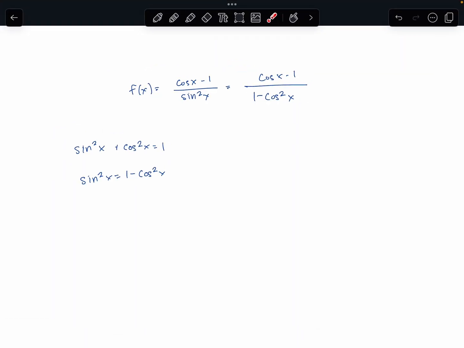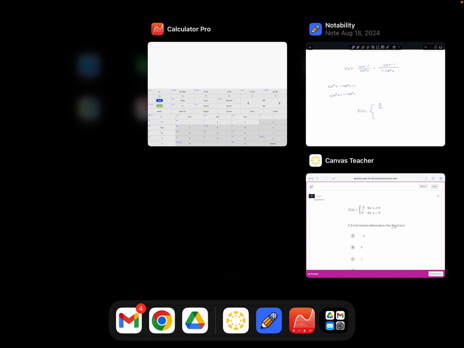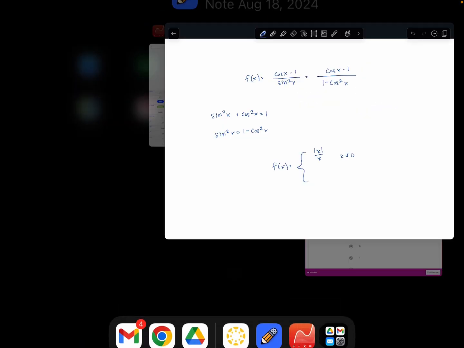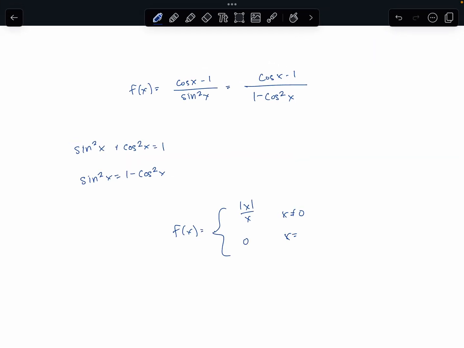So if I have f of x is equal to, I'm trying to think what it said, it was x divided by the absolute value of x, other way around. And x cannot equal 0 there, and then it's going to be equal to 0 when x is equal to 0. So it seems like here there's two parts, but there's actually three parts.